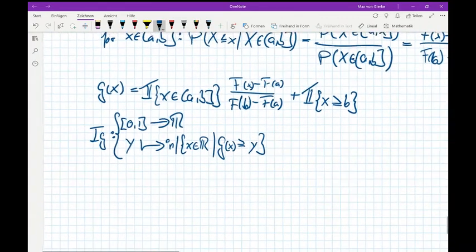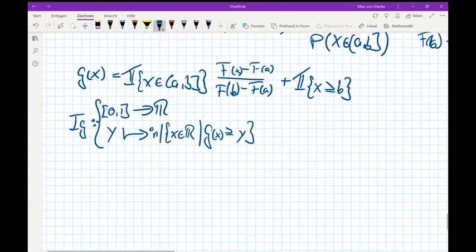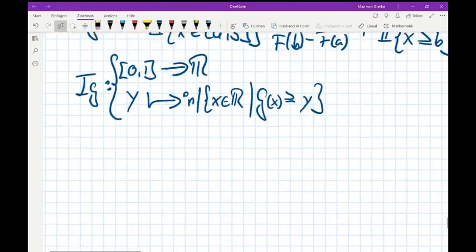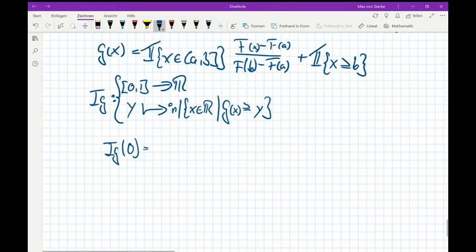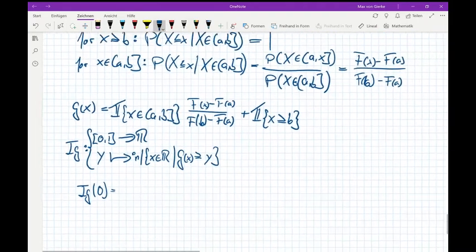Okay, let's look at the boundaries. There's always something special about the boundaries. So what happens when we insert 0?